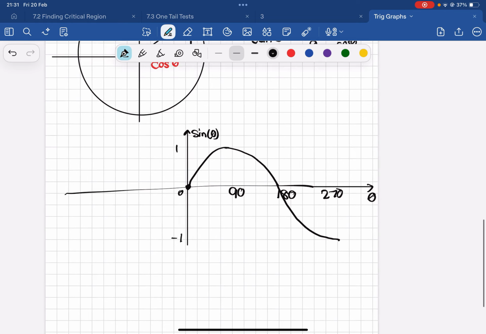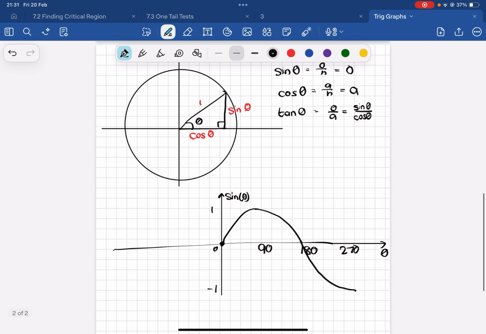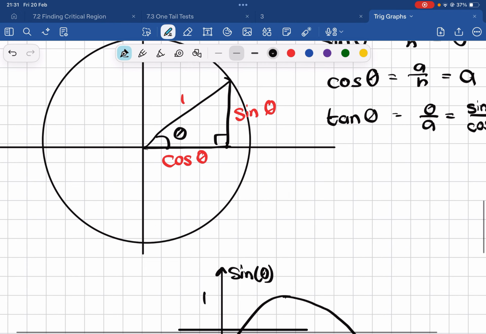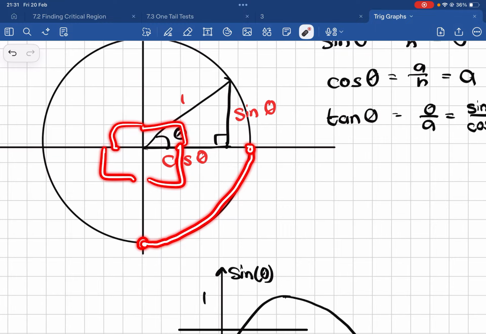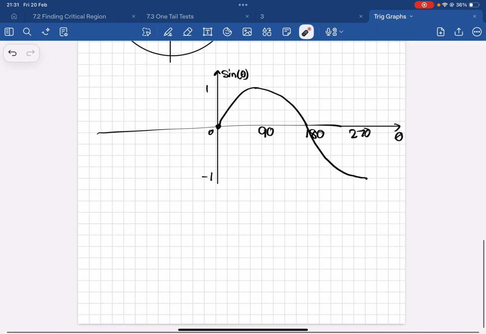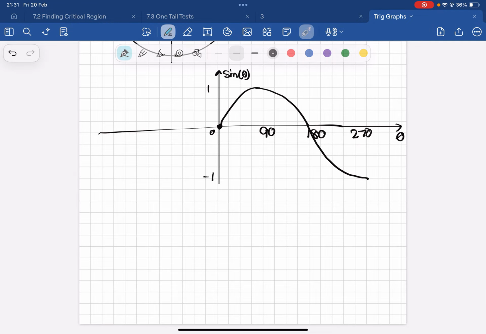Voila. Now, when we're returning back to our starting point, 0, which is also the same as 360, so 90, 180, 270, 360, we go from 270, which is minus 1, up until 0. So we're returning back to where we started.